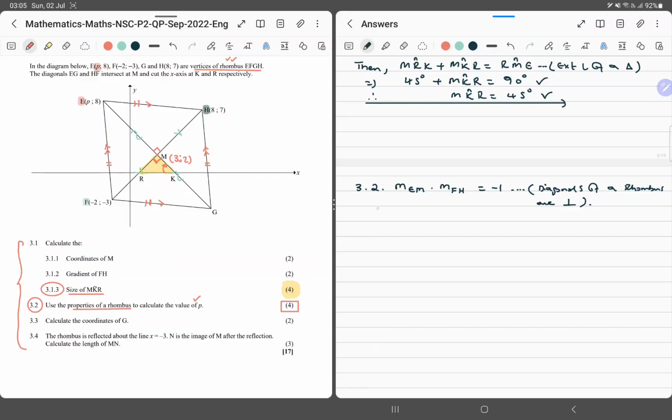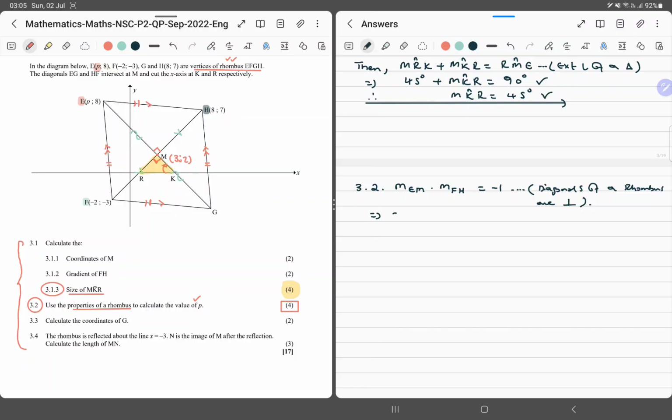So this implies that the gradient of this one is going to be y at M minus y at E over x. I think here the formulas are going to waste our time, guys. Let's not do the formulas.